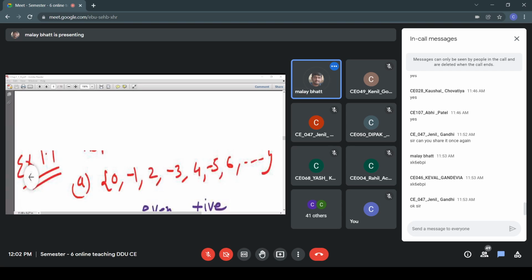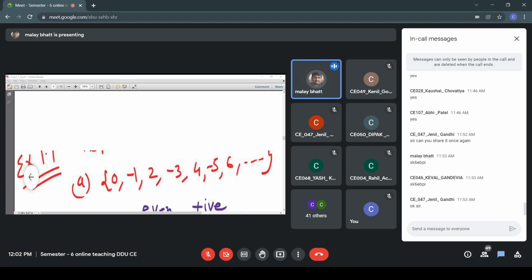If you observe the patterns, you will observe that 0, 2, 4, 6, 0 and all the even numbers, are positive here, and the odd numbers, -1, -3, -5, all the odd numbers are negative over here, right?